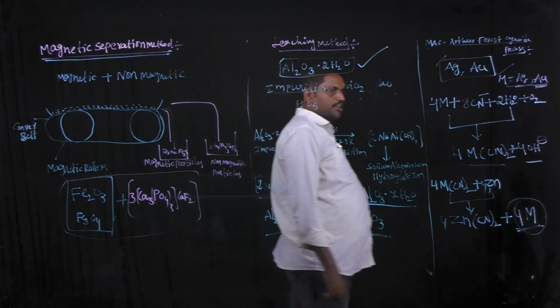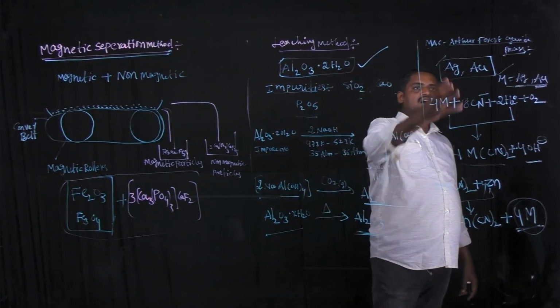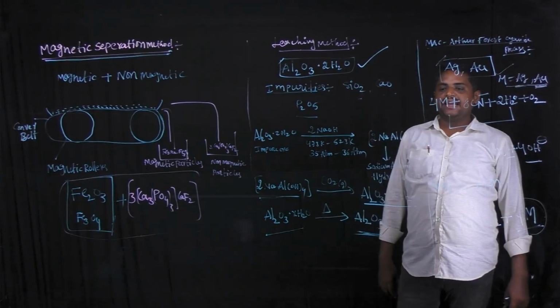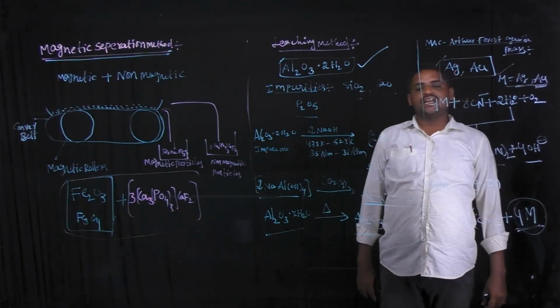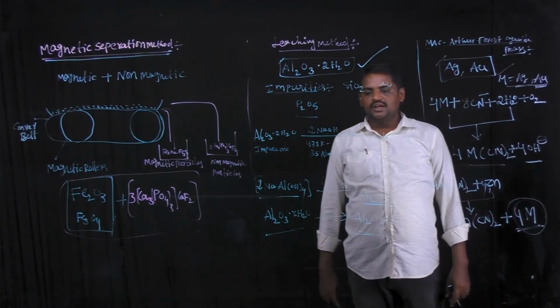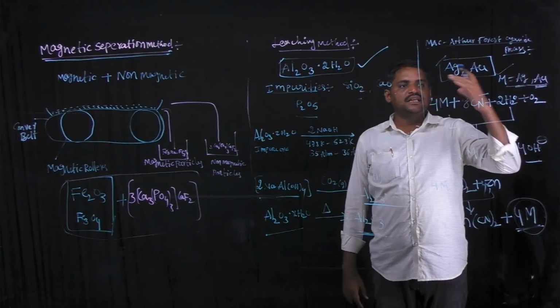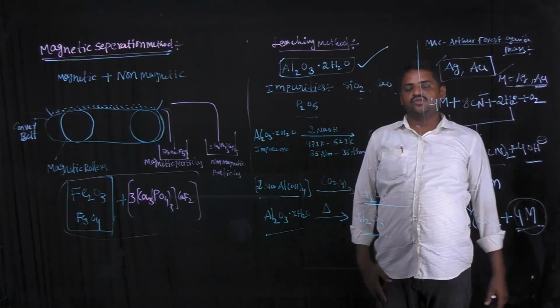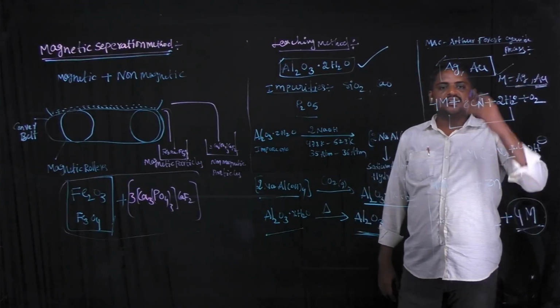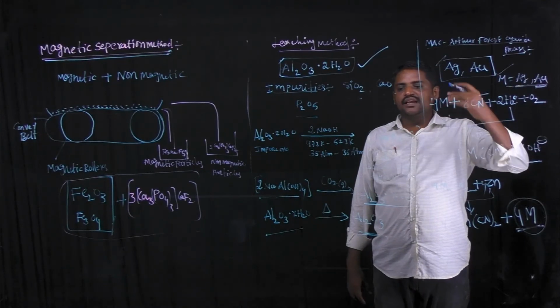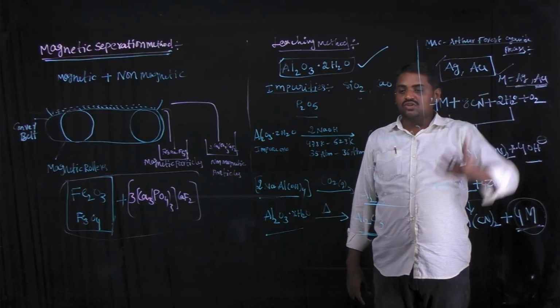And next I am going to discuss the MacArthur Forest cyanide process. This method is used only to concentrate silver and gold related ores. First of all, the ores related to metals like silver and gold are taken.